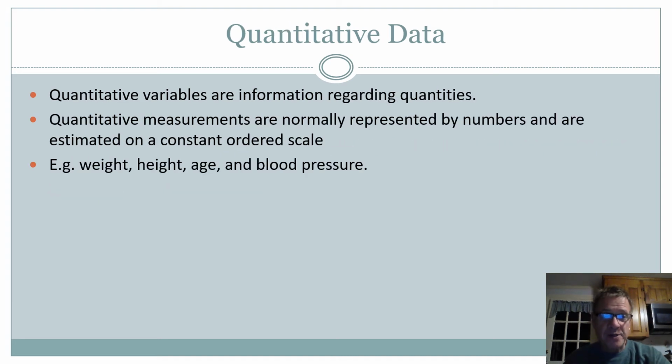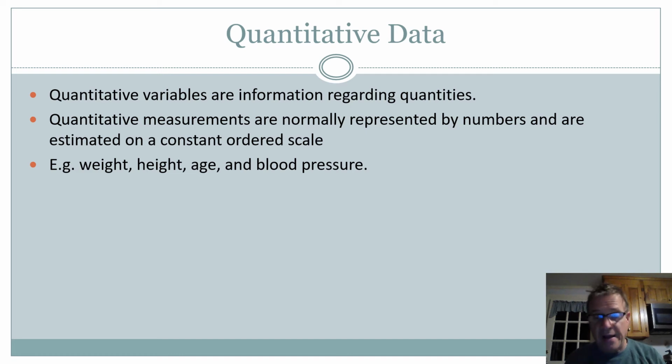Now let's talk about quantitative data. Quantitative data are variables which measure quantities in some way, and they are numeric and on a consistently ordered scale. They may be real values, with decimal points to whatever degree, or they could be integer values. In many cases, they are quantitative values.